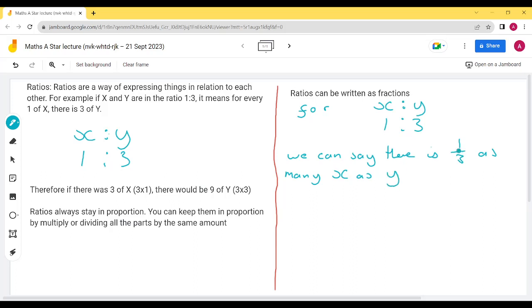That's 1/3 as many x as y, in the ratio 1 to 3.